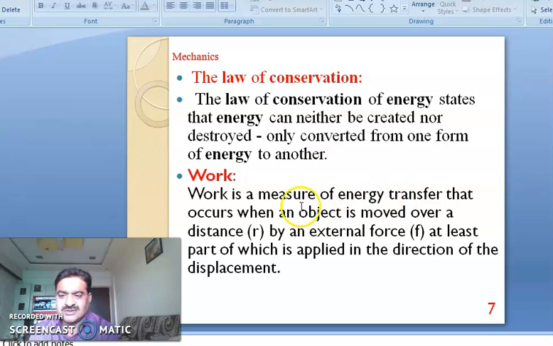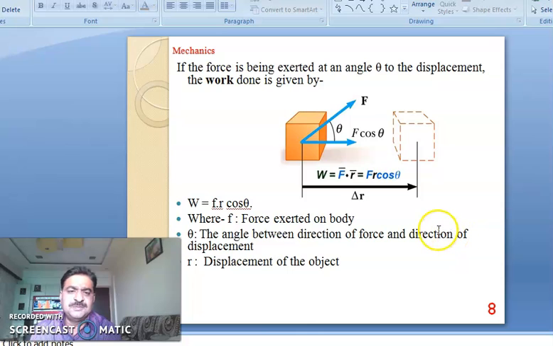Let this angle be theta, the angle between the direction of the applied force and the displacement of the body. Here you see, the force applied is in this direction, the displacement of this block is in this direction. This is the initial position, this is the final position, and there is a formation of angle theta.